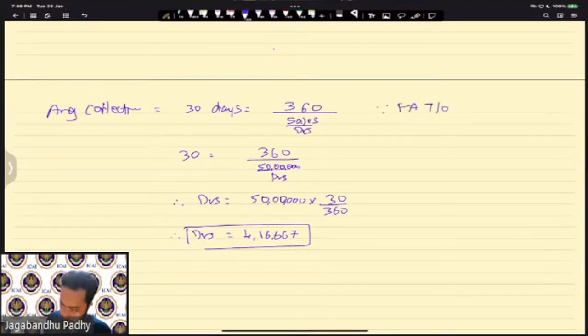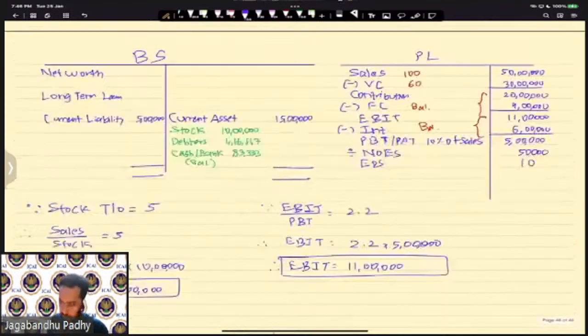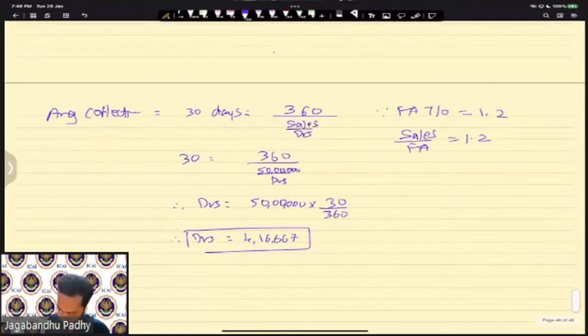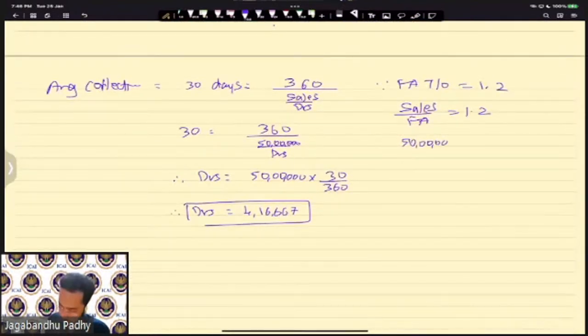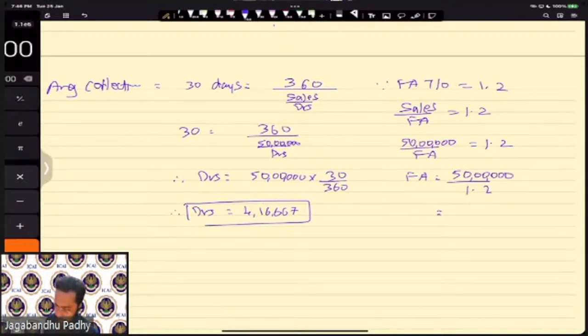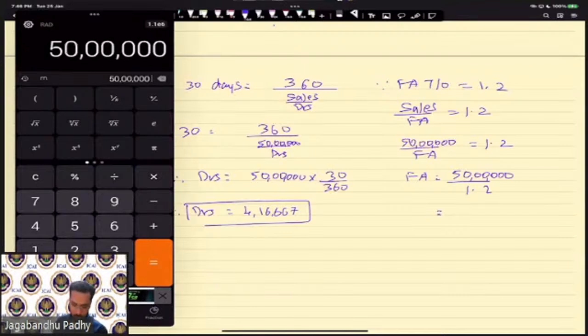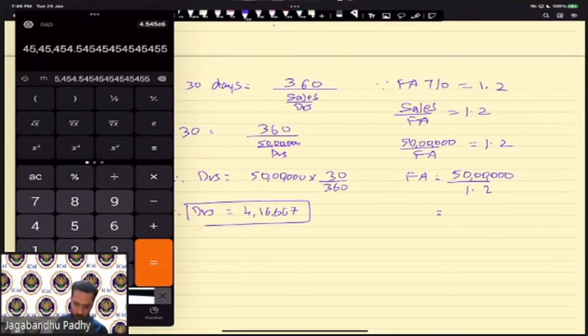Since fixed asset turnover is sales upon fixed asset, which is 1.2, and the sales figure is 50 lakh, ideally fixed asset will be 50 lakh divided by 1.2, which is 41,66,667.